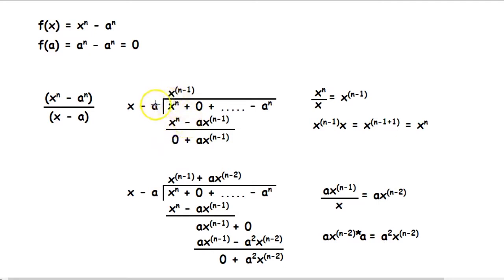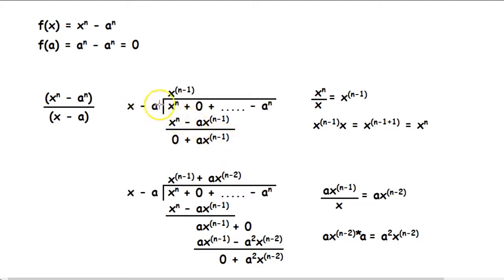So next we multiply this minus a into x to the power n minus 1. So this will give us minus a into x to the power n minus 1. Now we subtract 0 by this value. So 0 minus a x to the power n minus 1 will give us positive a into x to the power n minus 1.